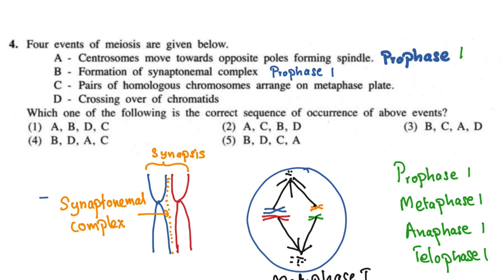So here pairs of homologous chromosomes arrange on metaphase plate. That is this plate. So we can see pairs of homologous chromosomes. These pairs arrange on metaphase plate. So option C is in metaphase 1.